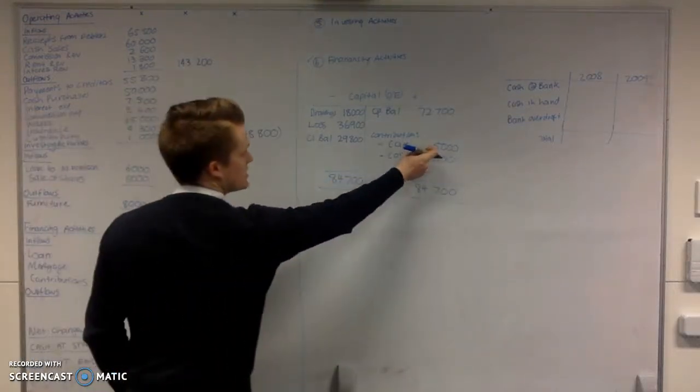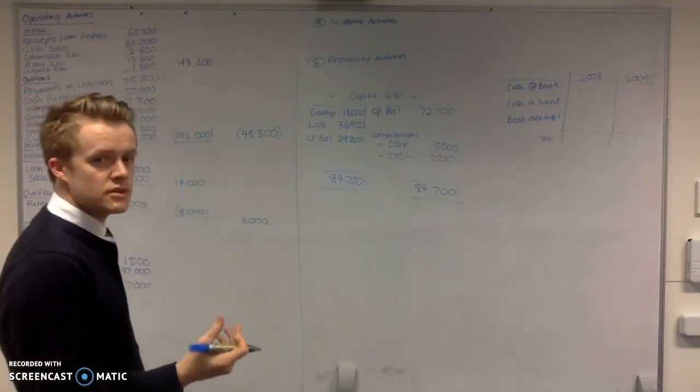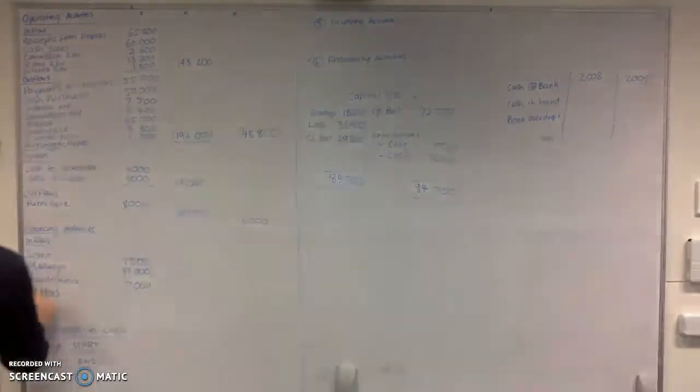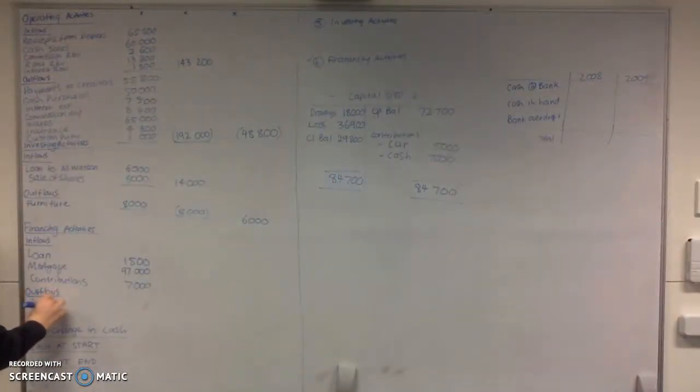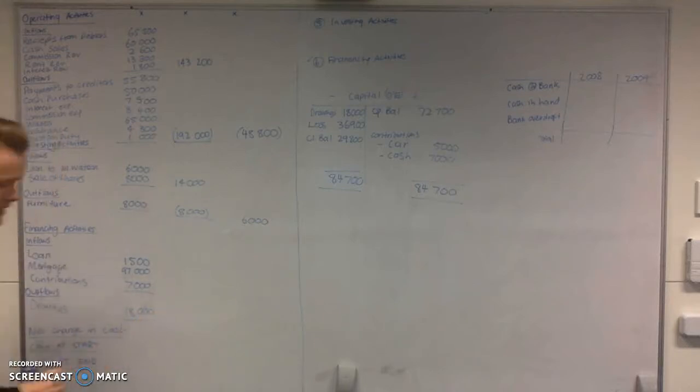Not 12, because the contribution of a car is not a cash contribution. There's no change in cash there. This is your change in cash. Right? And the drawings. We assume there that they are drawings of cash. It doesn't tell us otherwise. $18,000. All right? So then we're completely done.